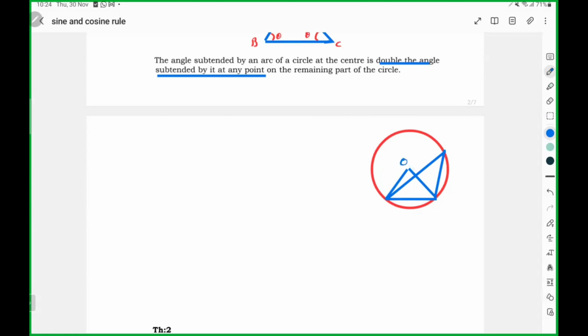O is the center of the circle, AB is the chord. What we have to prove here is angle AOB is 2 theta if angle ACB is theta. So let us see how this can be proved.